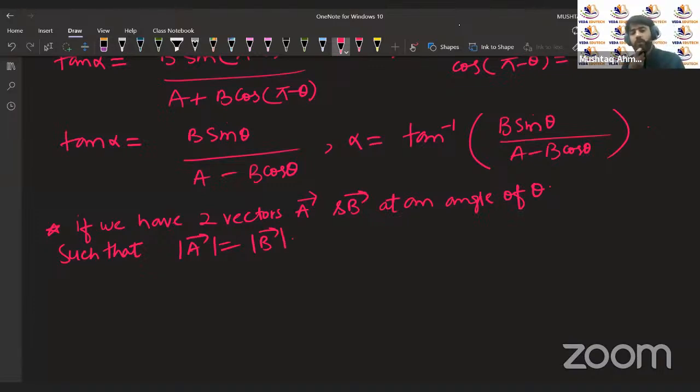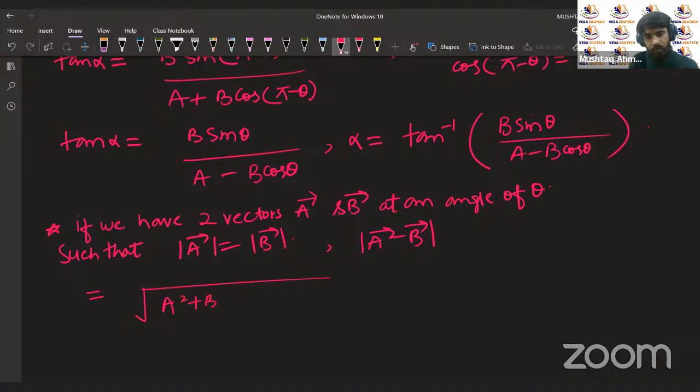Then we have to find the mod of A minus B. So mod of A minus B is under root of A square plus B square minus 2AB cos theta.